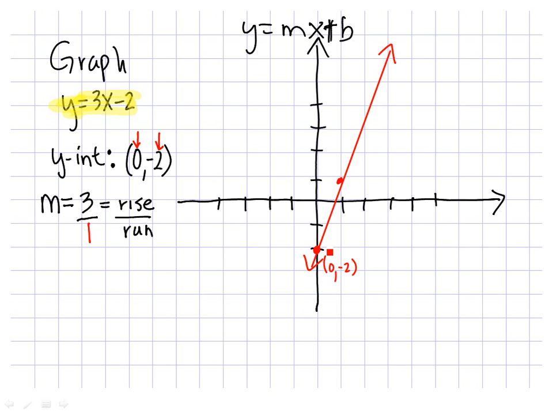Alright, let's try another one. Let's graph y equals 1/2 x plus 3. So again, this is in slope-intercept form already. And again, you can use the method in which you find the y-intercept and then rise run.